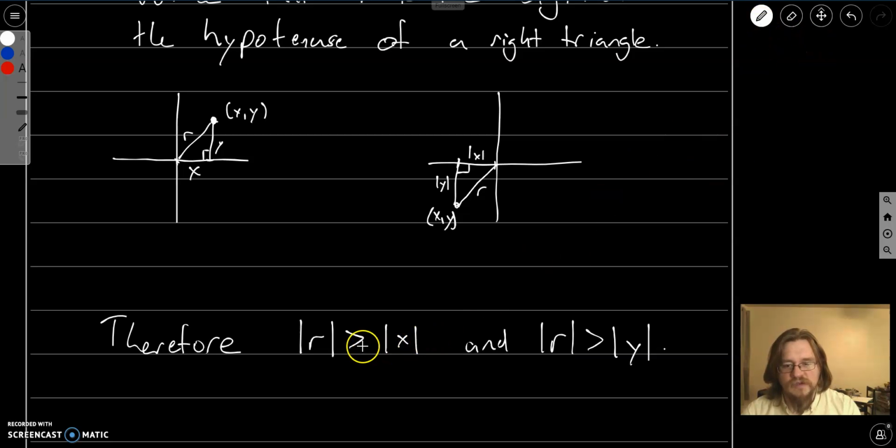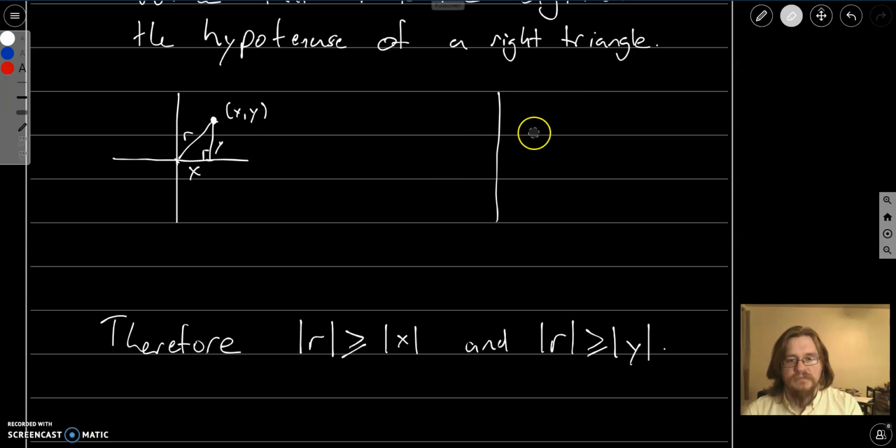And in fact, it will be greater than or equal to both of these. When can it be equal? Let me draw another picture. If we had an angle that was already a right angle, so let's say that this is our x, y up here. Well, we know what x is, for instance. x is just going to be 0 because we're not over to the left or right.